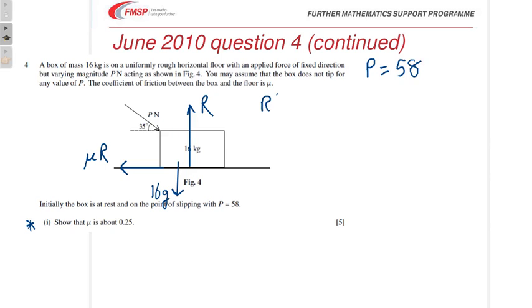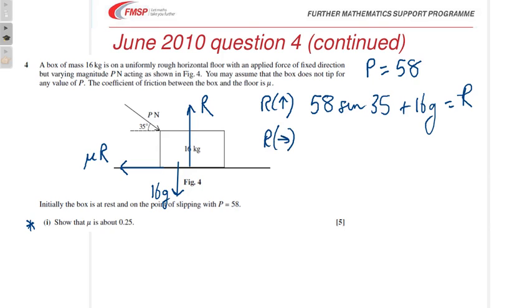Resolving vertically, we've got 58 sine 35 plus 16g equals R. Resolving horizontally, P cos 35, 58 cos 35, equals mu times R. Well, there's your two equations, and hopefully you can see what we've got to do.